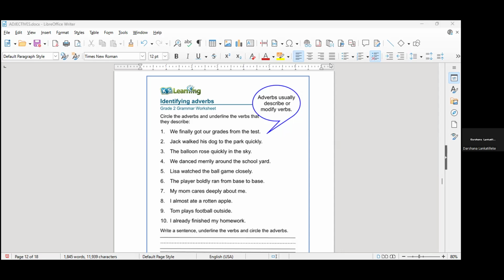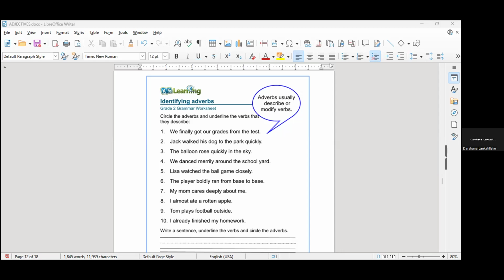My mom cares. Cares is the verb here. Cares how? Deeply. Deeply is the adverb. Then number 8, I almost ate a rotten apple. Ate is the verb. Almost is the adverb.